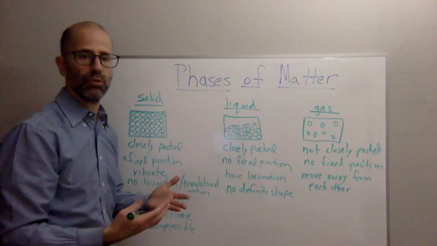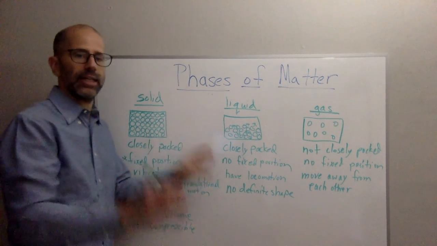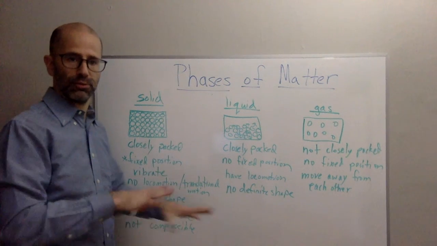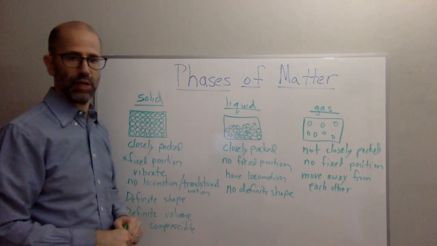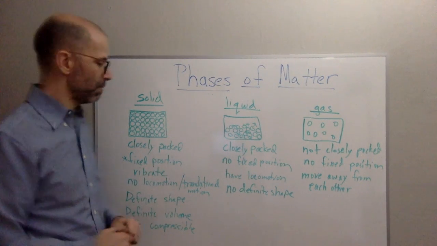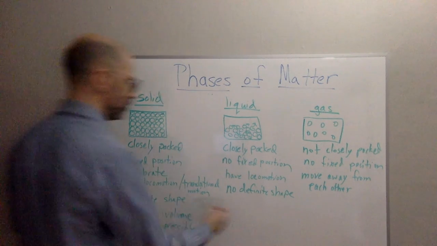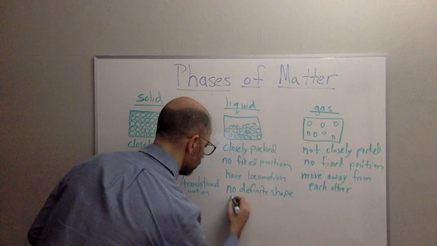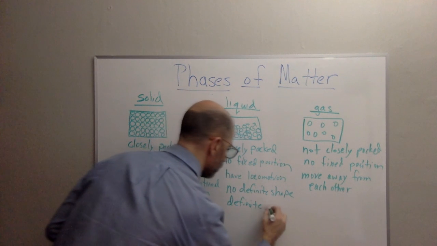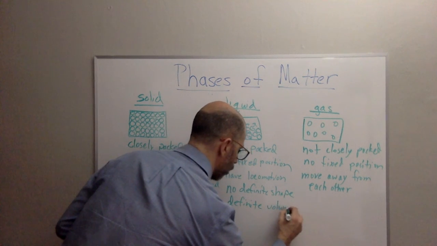The molecules can move around, so they can fill in the shape and move around to fill in whatever space is available, right? And gravity is going to help that out as well. So there's no definite shape, but there is still a definite volume.